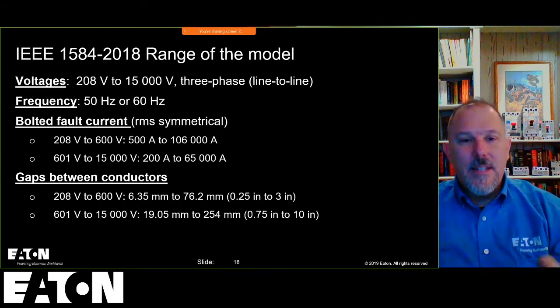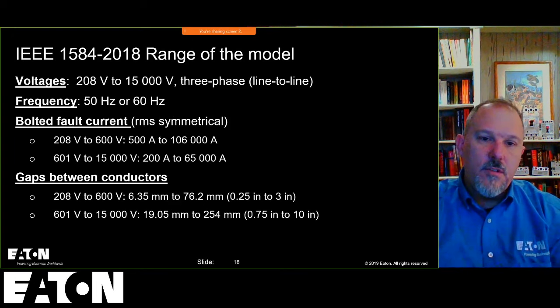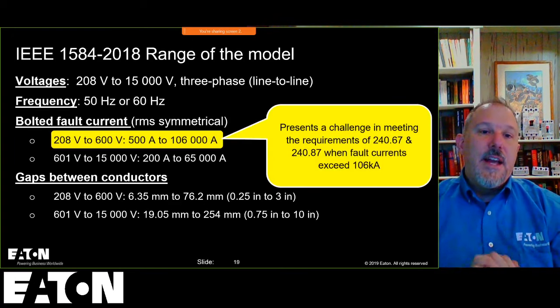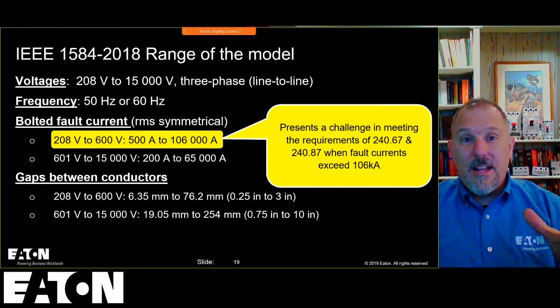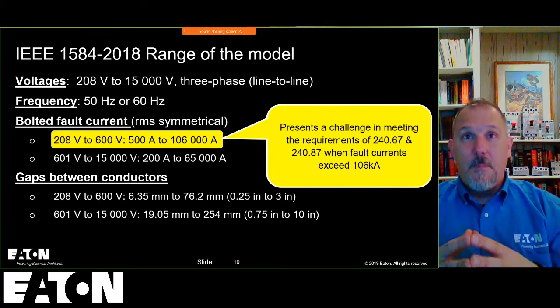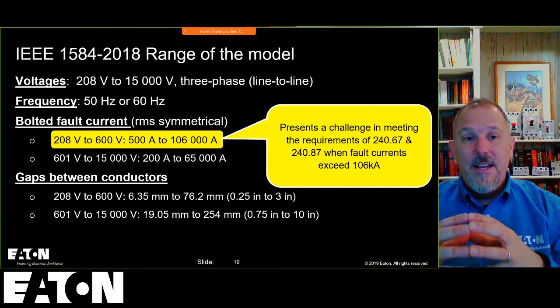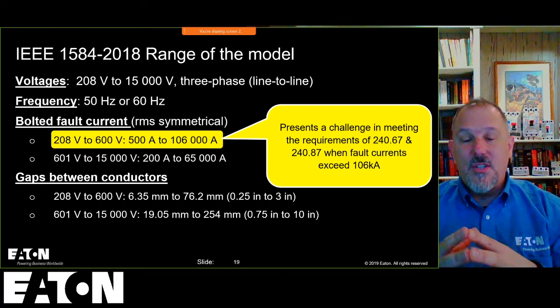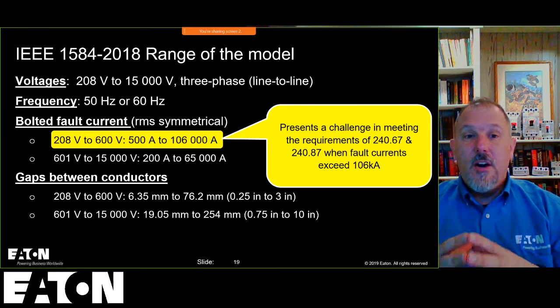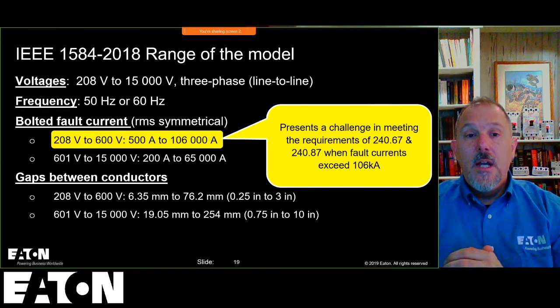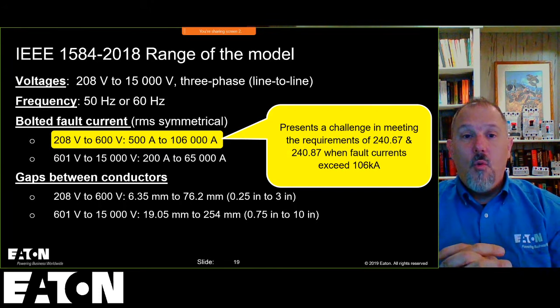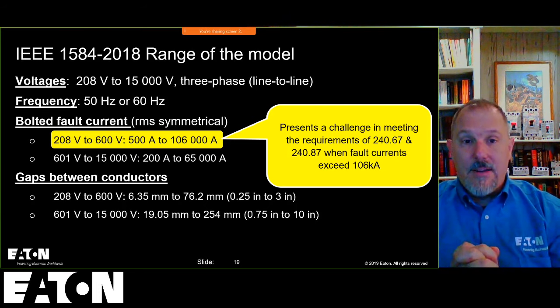And this is the kicker. This next one, the bolted fault current, if you think about it, is where probably the majority of the people on this call operate, in that 600 volt or less type of world. We do a lot more work on that equipment on a daily basis than we do on medium voltage stuff. But in any case, we're only valid up through 106,000 amps.